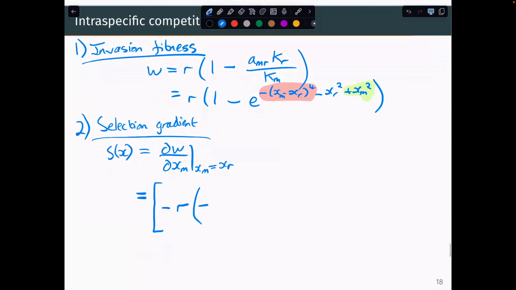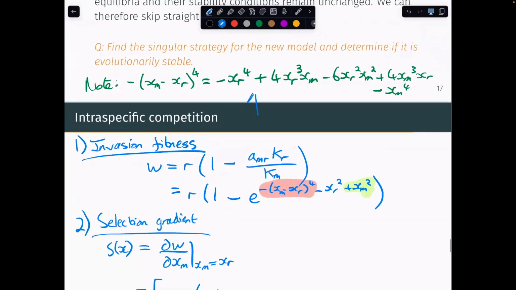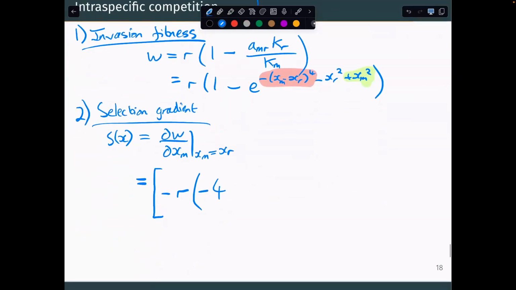Okay, so we'll have minus, using this expansion I've got here above, a minus 4 xm cubed. That comes from the fact that we had a minus xm to the 4. So we take the derivative of that, we're going to have a minus 4xm cubed.